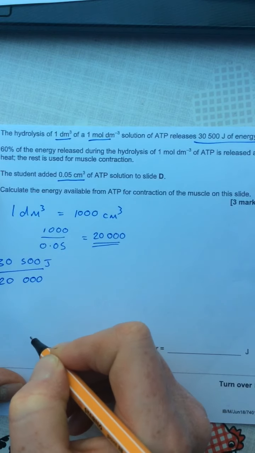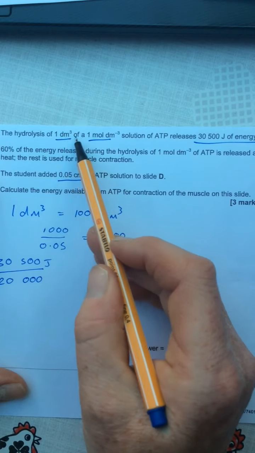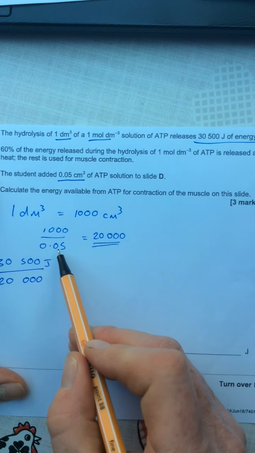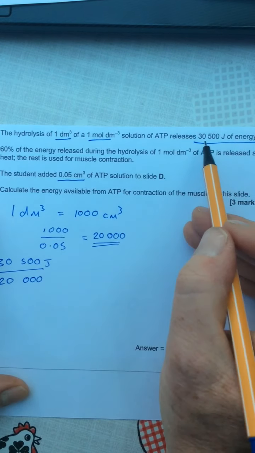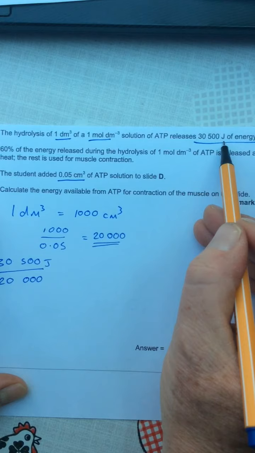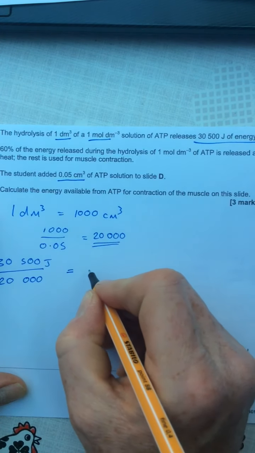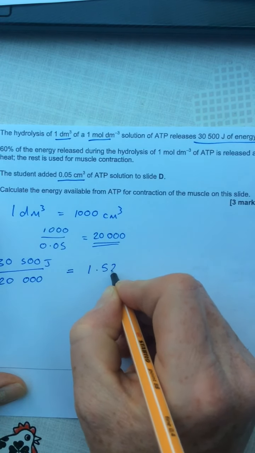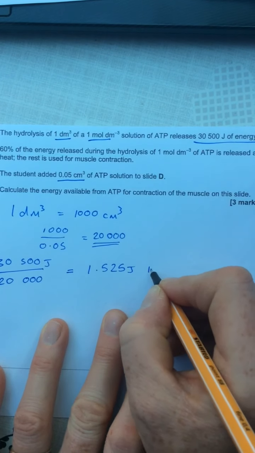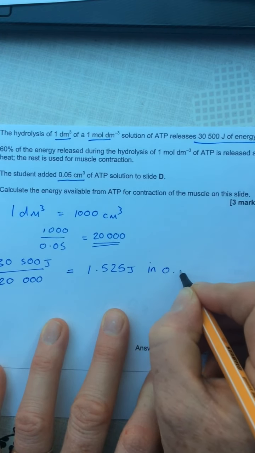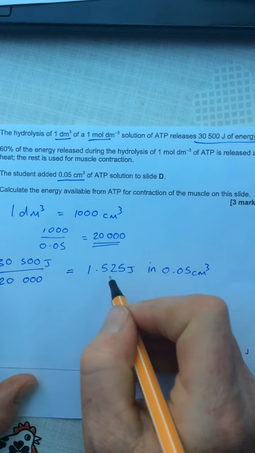If you divide it by 20,000, we're not looking at a whole 1,000 cubic centimetres here, we're looking at 0.05, which is 1/20,000th of that. So this number of joules divided by 20,000 gives you 1.525 joules. So we know there's 1.525 joules in 0.05 centimetres cubed. That's useful to know.